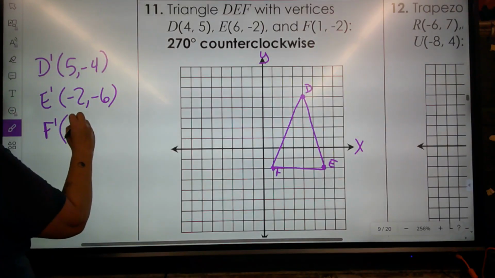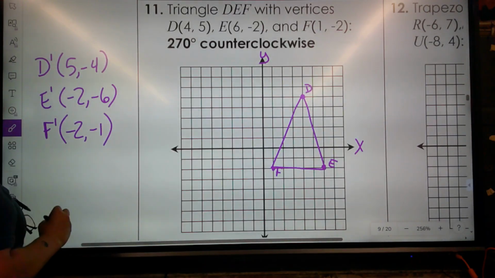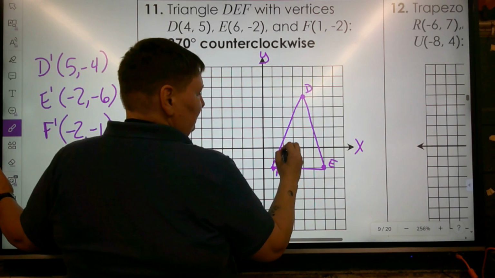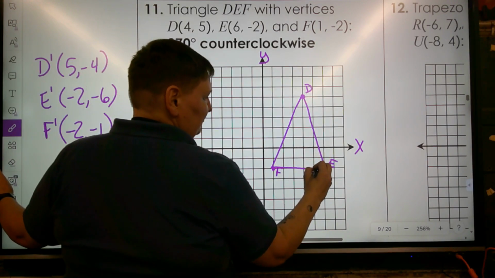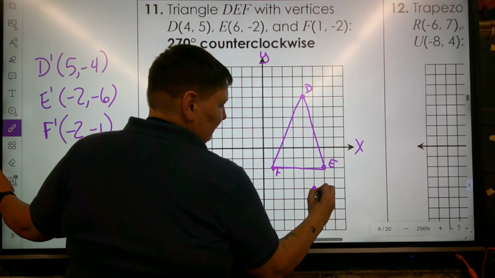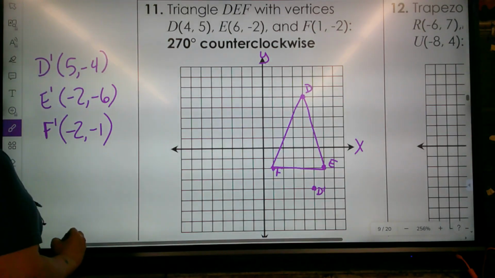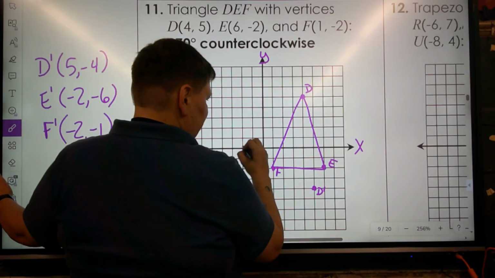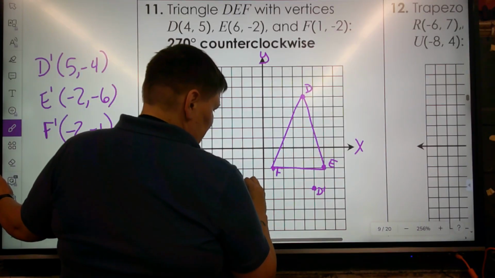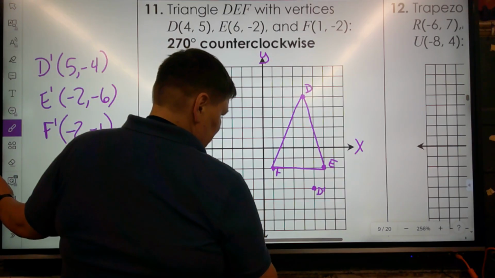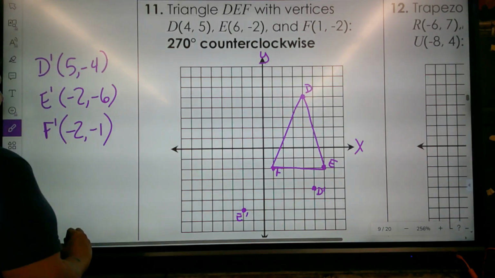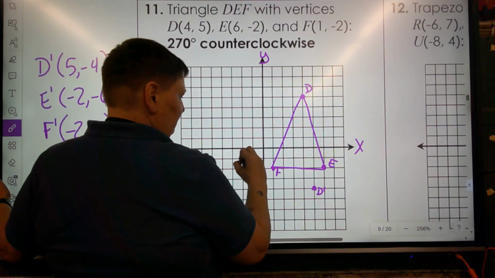F prime is -2, -1. D prime, 5, -4. 1, 2, 3, 4, 5. 1, 2, 3, 4. E prime, -2, -6. 3, 4, 5, 6. And F prime, -2, -1.